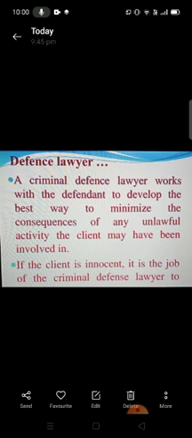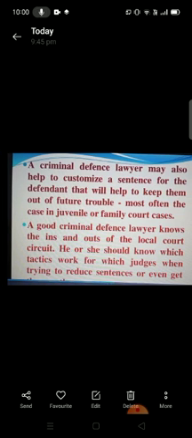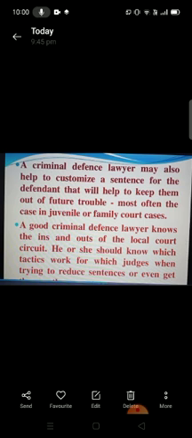If the client is innocent, it is the job of the criminal defense lawyer to save him. A criminal defense lawyer may also help to customize a sentence for the defendant that will help to keep them out of future trouble.